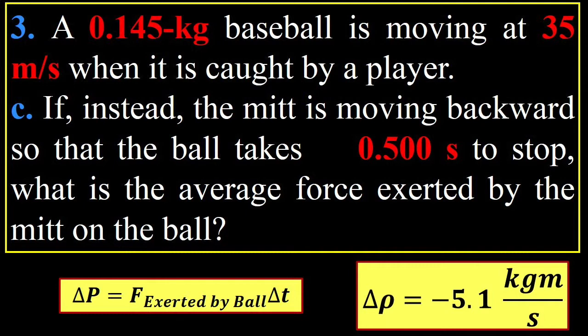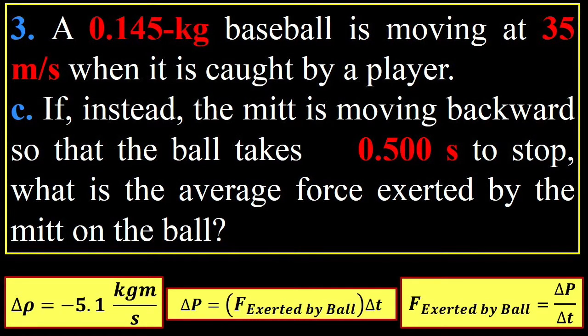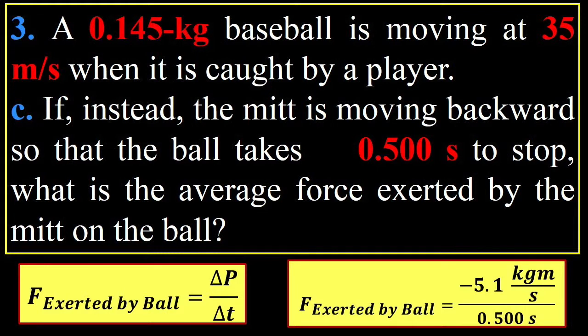So the force exerted by the ball, because that's the way the problem is written, is going to be calculated in the exact same way that we calculated for the impact time of 0.05. So you're just going to get different values because it's 0.5 instead of 0.05, but they'll differ by a magnitude of 10.